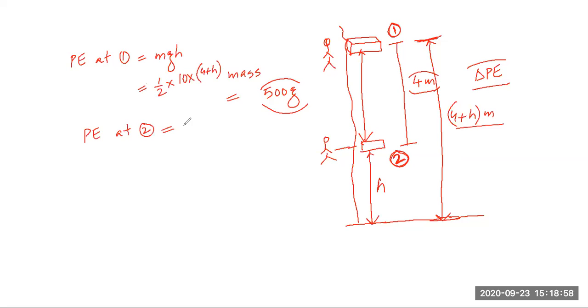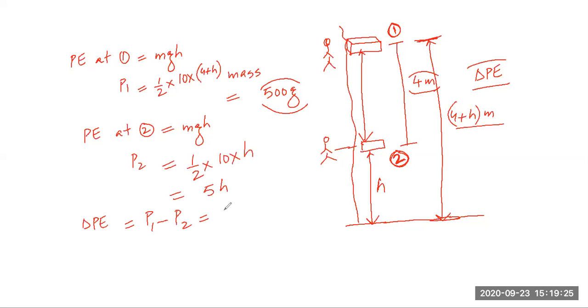Now the potential energy of the body at point 2. Again formula mgh. m is again the same, g is 10, and the height is h. So this is equal to 5h. Am I right? Now what is the change in potential energy? Let's say this is P1, this is P2. So change in potential energy is P1 minus P2.